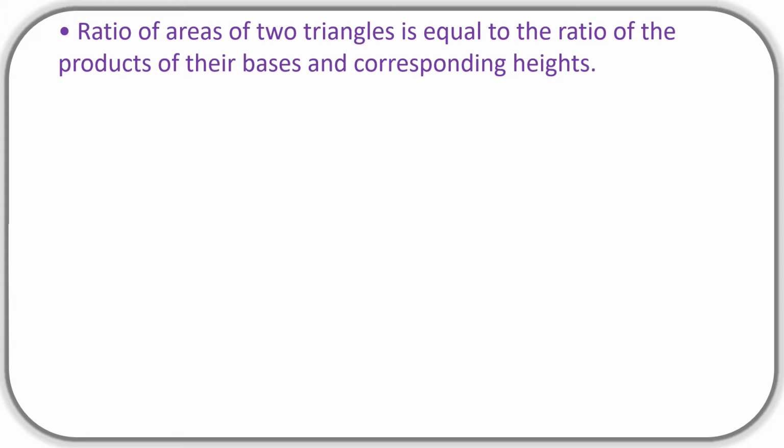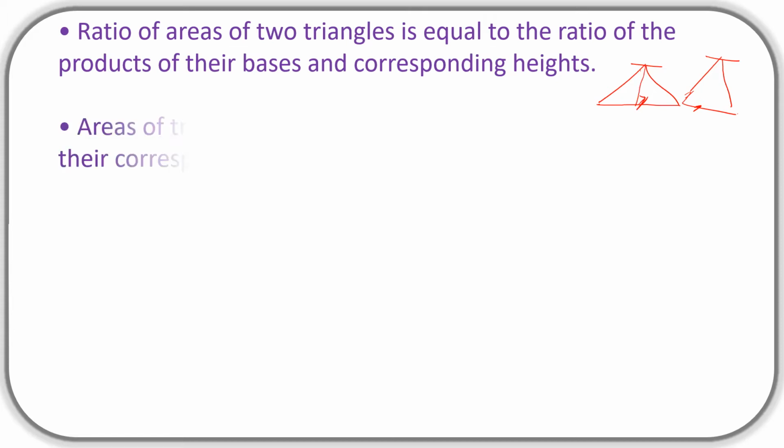Before getting into the examples, let me remind you, the first point you studied was that the ratio of the areas of two triangles is equal to the ratio of the product of their bases and corresponding heights. You should remember, as far as the ratio of areas of triangles is concerned, we have to consider the base, and the height is drawn from the base to the opposite vertex.